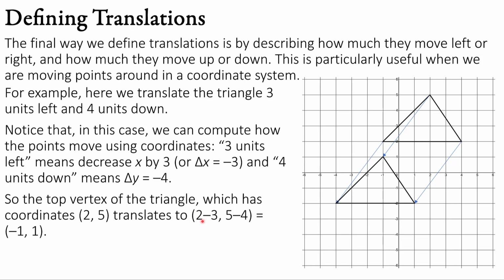And so the point (2, 5) translates to the point (negative 1, 1). And we can see that happening in the picture. Here's the point with coordinates (2, 5). It translates here, and the image point has coordinates (negative 1, 1). And we could do likewise with each of these other coordinates.